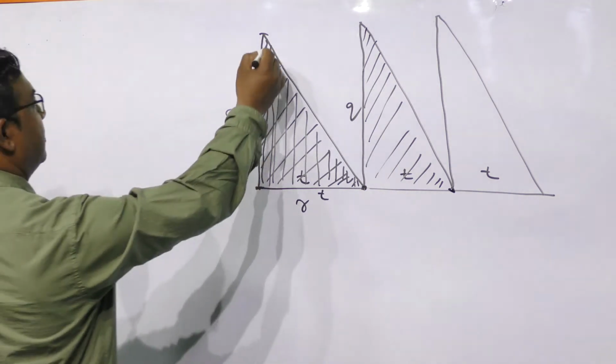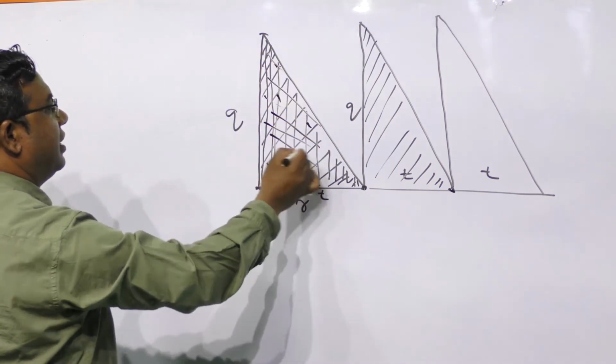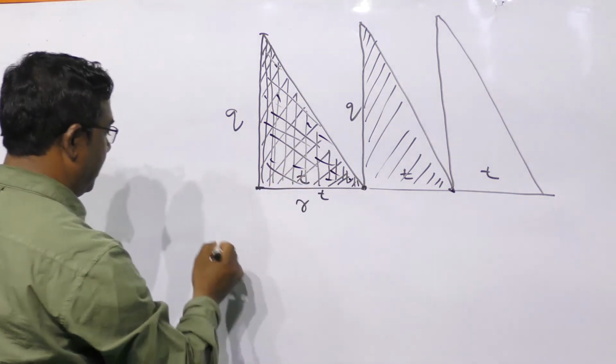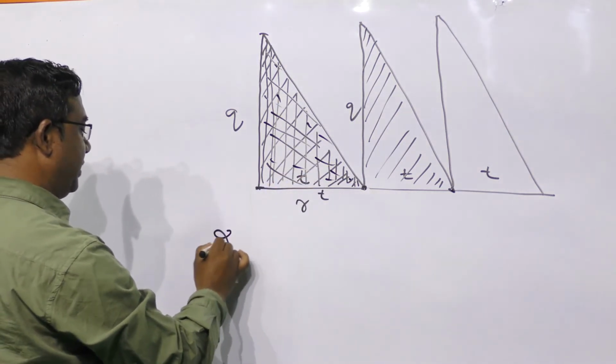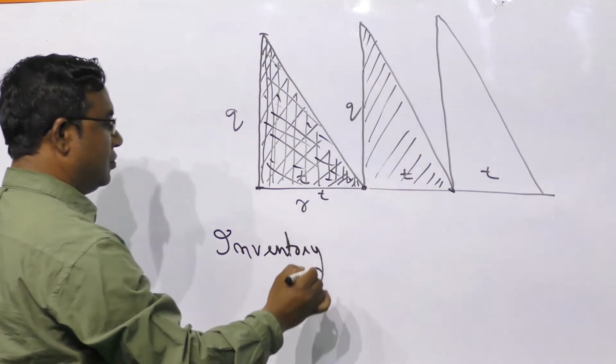So the area of this triangle represents the inventory level. First, we have to find the inventory holding cost.